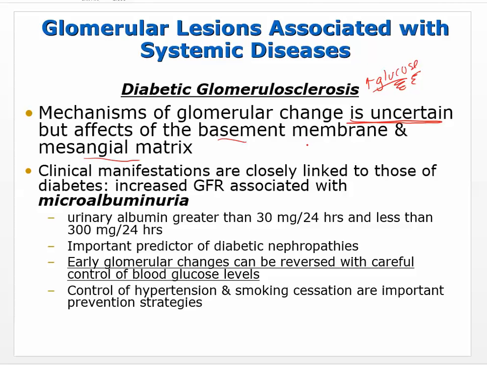So the basement membrane where the Bowman's capsule and the glomerulus are, plus those spaces in between and some of those cells that are in between. So it can affect any of these areas. Okay, so closely linked to those with diabetes, increased GFR associated with microalbuminuria.